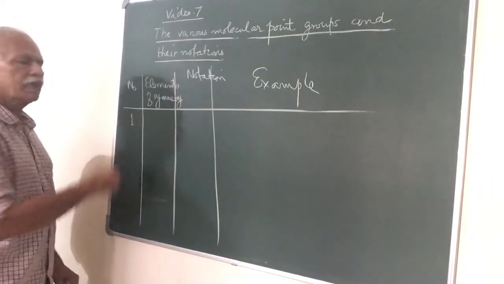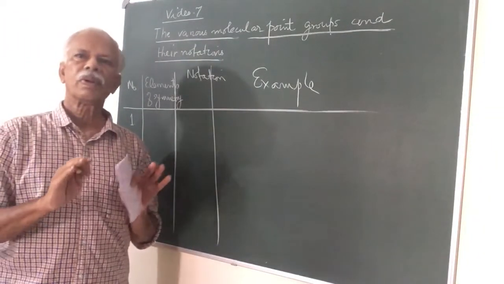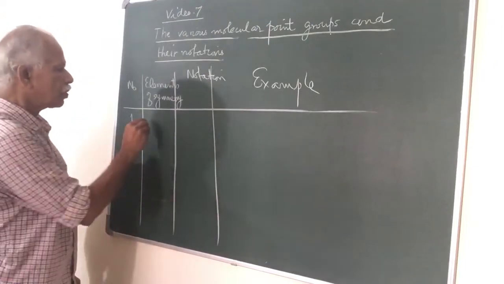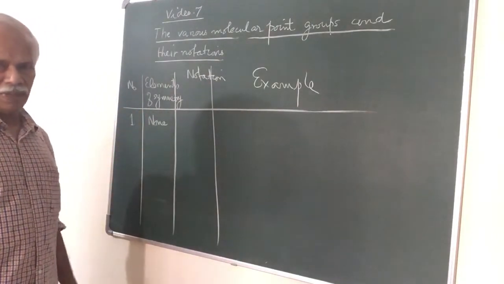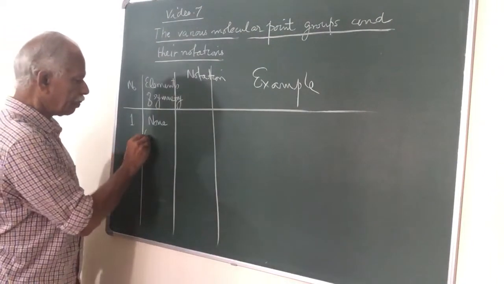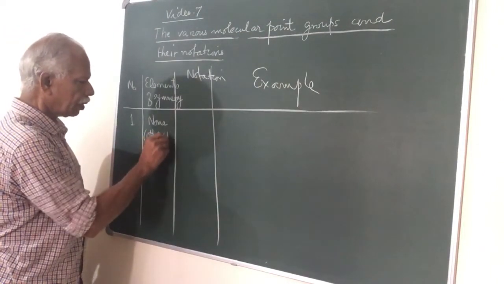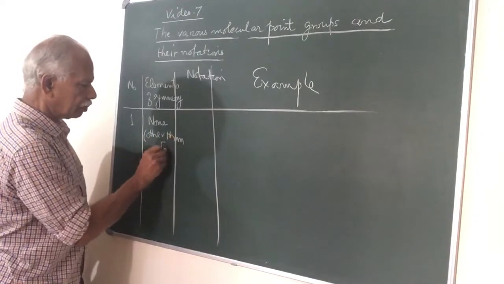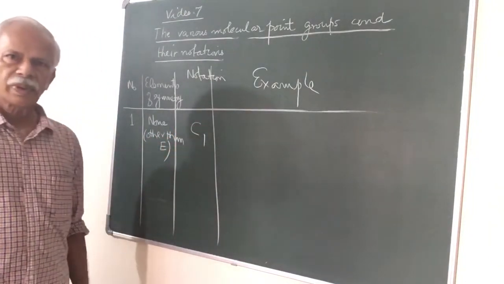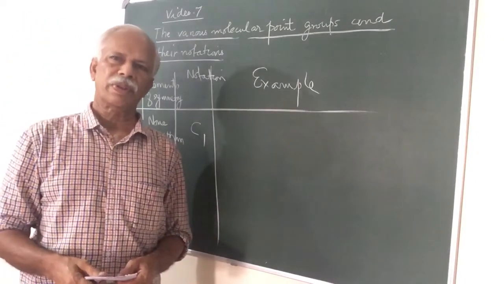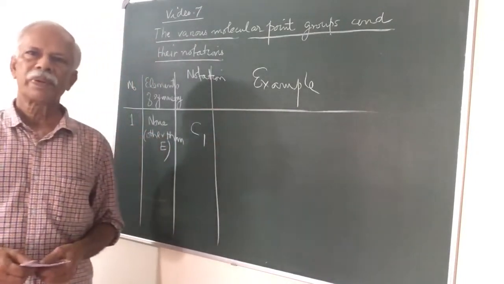We start with molecules with no symmetry at all. So elements of symmetry, none. Of course, other than identity. Their notation is C1. Most of the complex molecules are of this type.